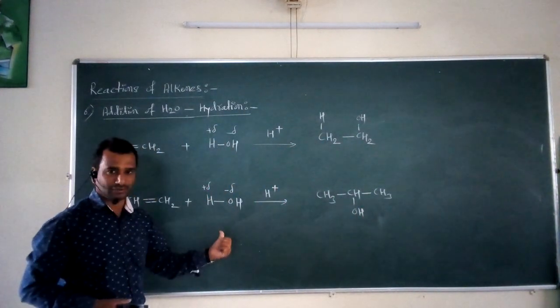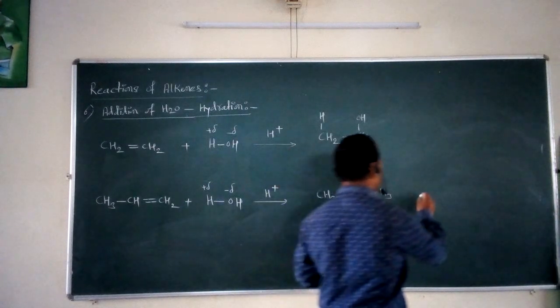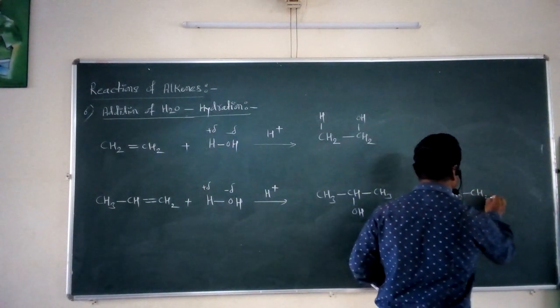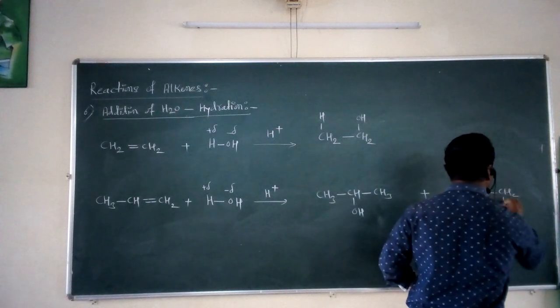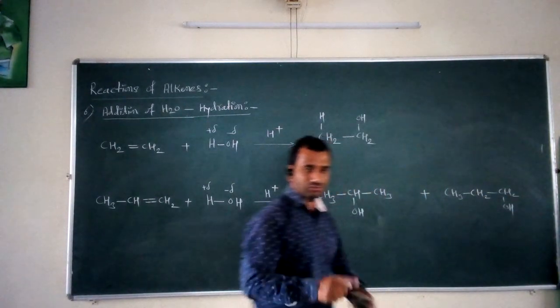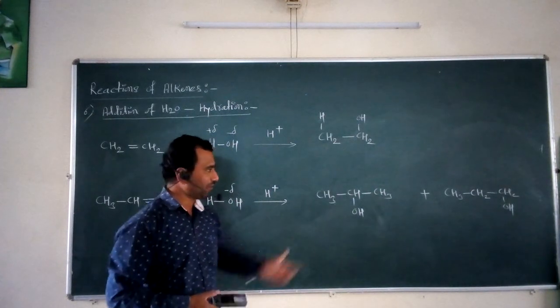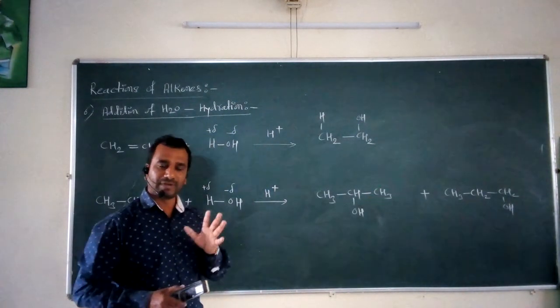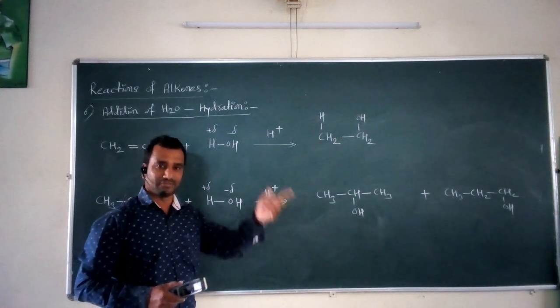This type of product is obtained. Again, the byproduct obtained in this reaction may be CH3 single bond CH2 single bond CH2 single bond OH. So these two products can form. One is called isopropyl alcohol and the second is called propyl alcohol.